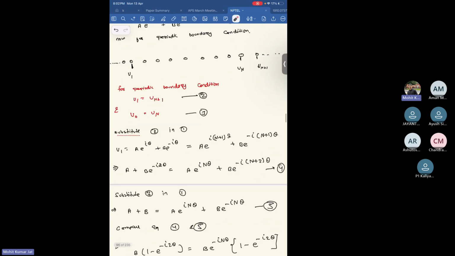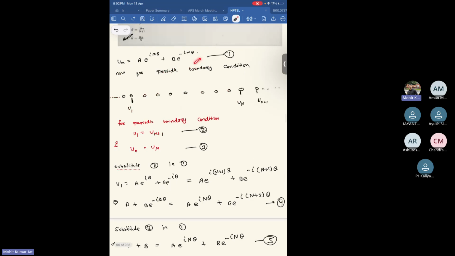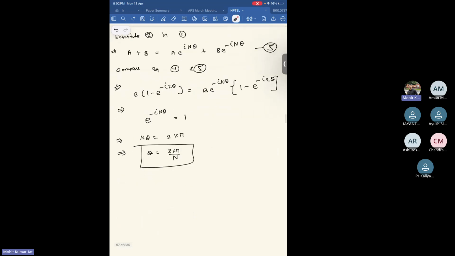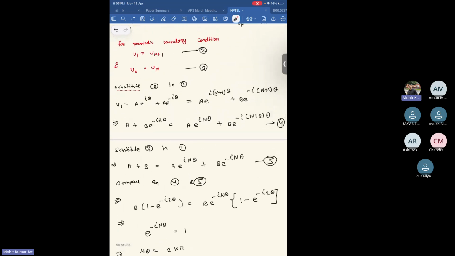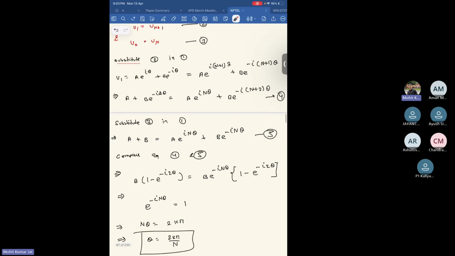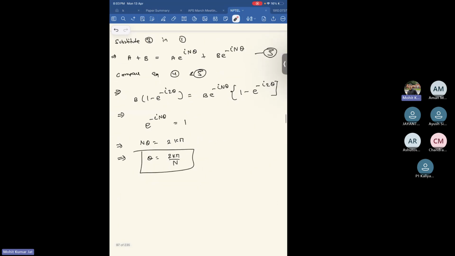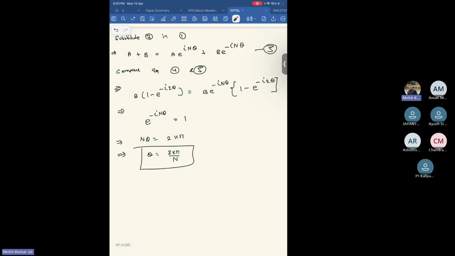So we substitute whatever form is given, we substitute these values here, and we just equate it. In the periodic boundary condition, as we know, u1 and u0 will be related to u(n plus 1) and un through this relation, right? If we do so, we can back-calculate our theta, and theta will turn out to be 2k pi by n.